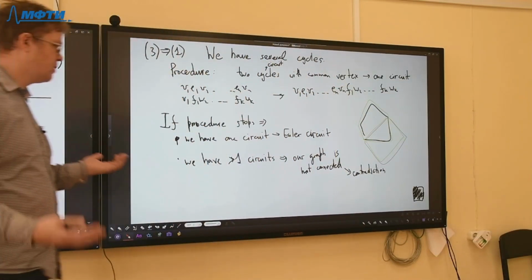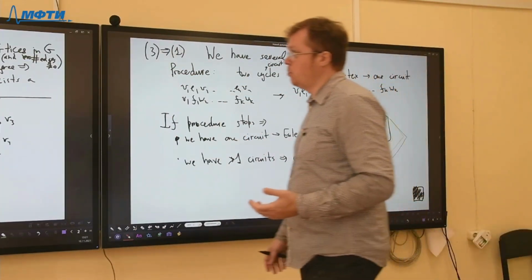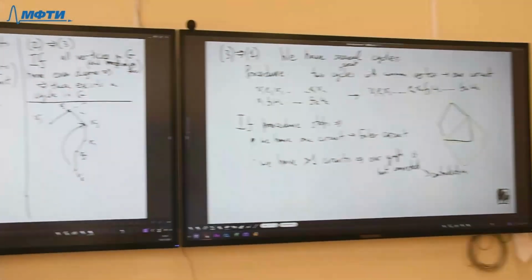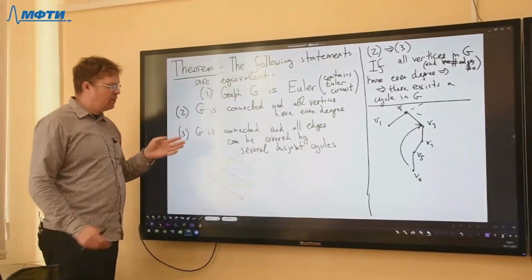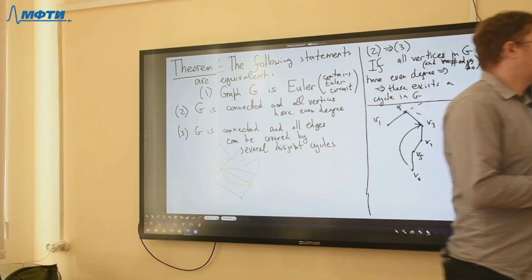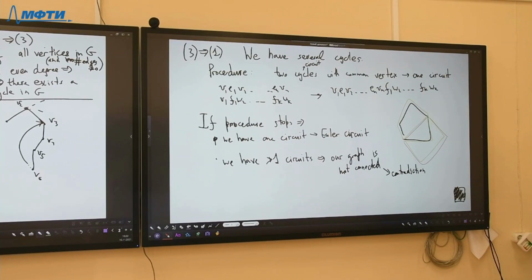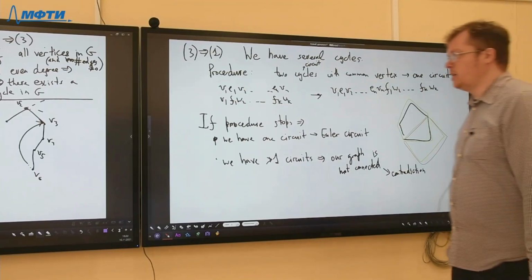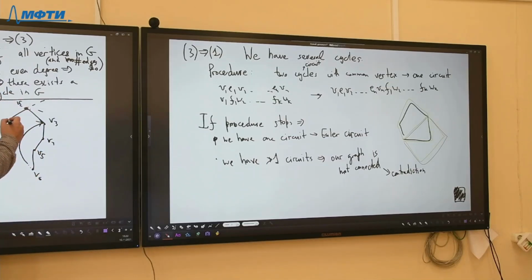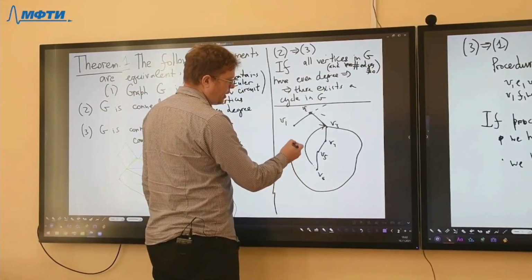So there are different possible proofs, because we can just try to construct it. We can start in one vertex and just construct the Euler circuit. We go until we meet again the vertex v1, because we will not stop until we get to v1.